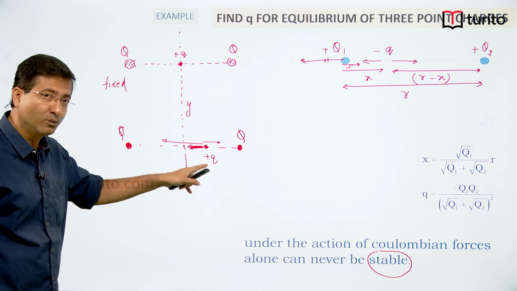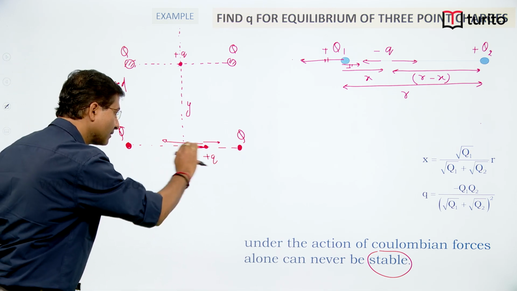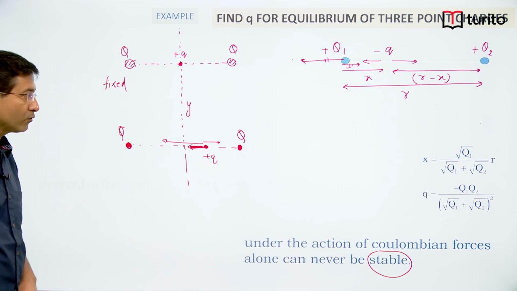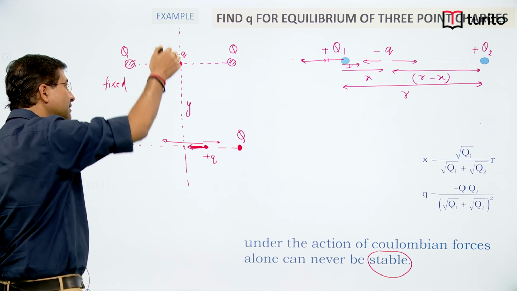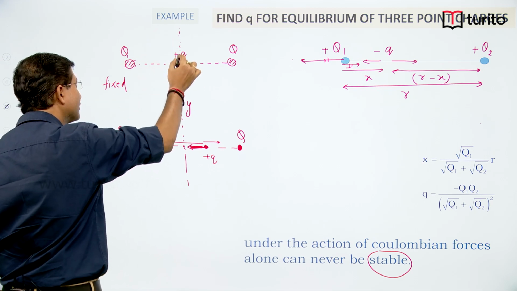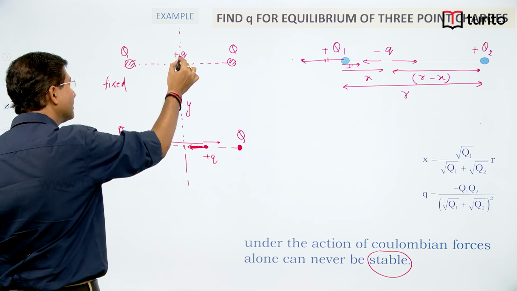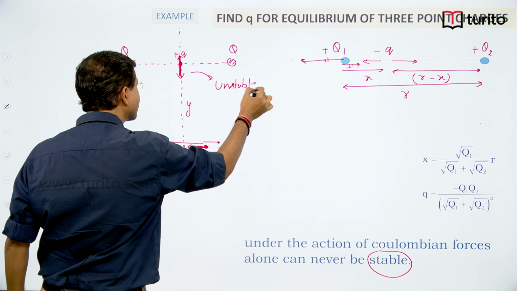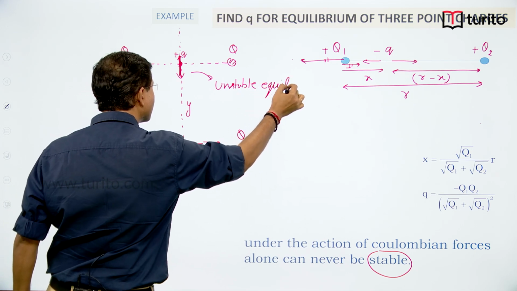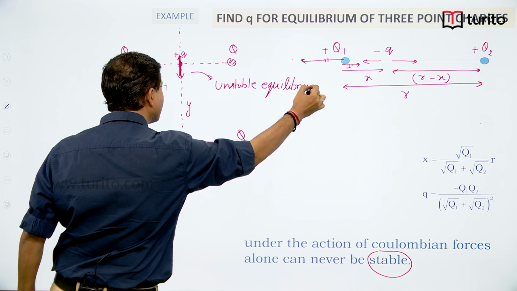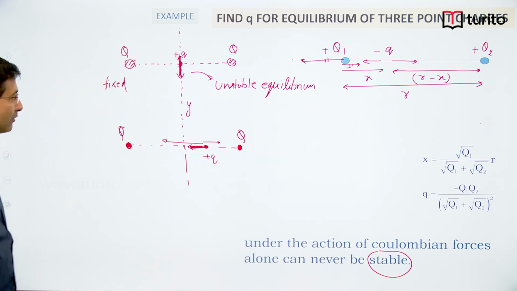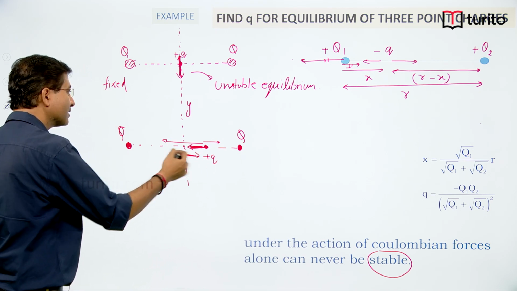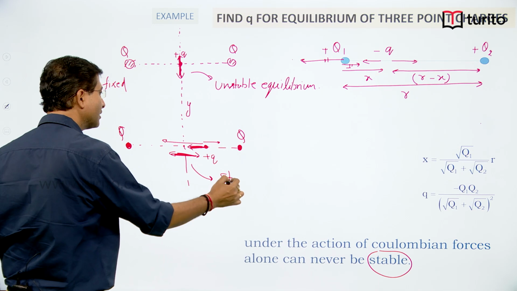So for plus q, this direction is a stable equilibrium. For plus q, this direction is unstable equilibrium. I will write it here. So this direction, if you displace plus q, this will be unstable. And if you displace it this way, this is stable equilibrium.